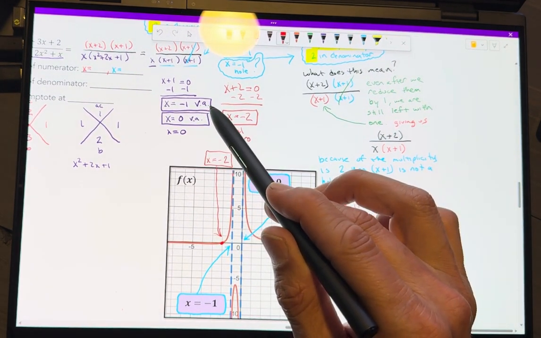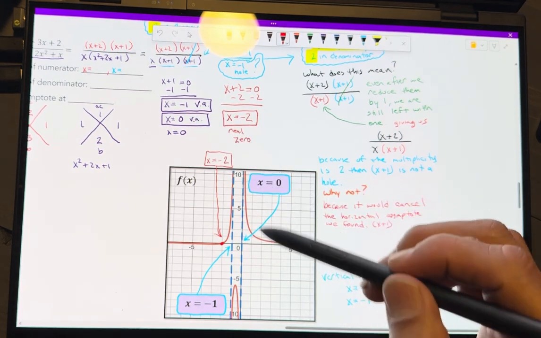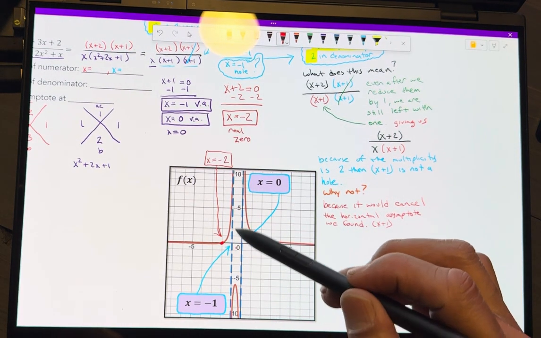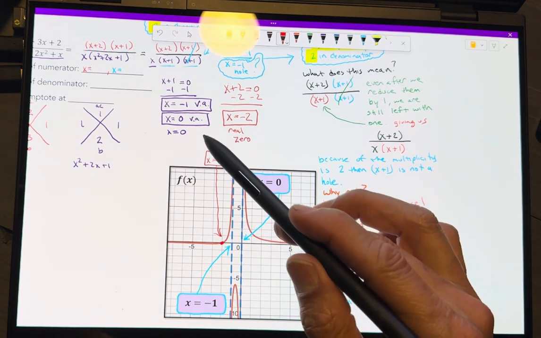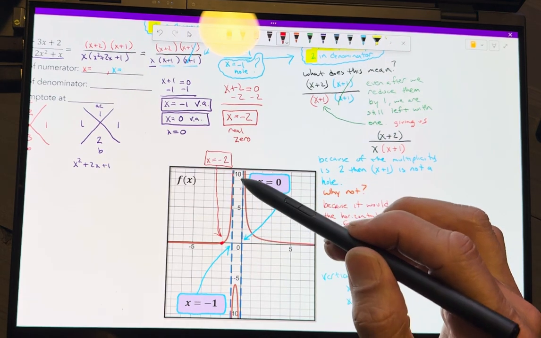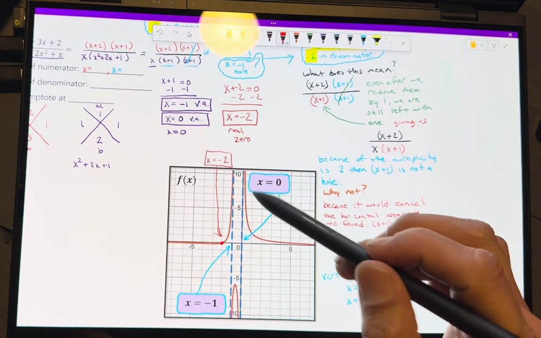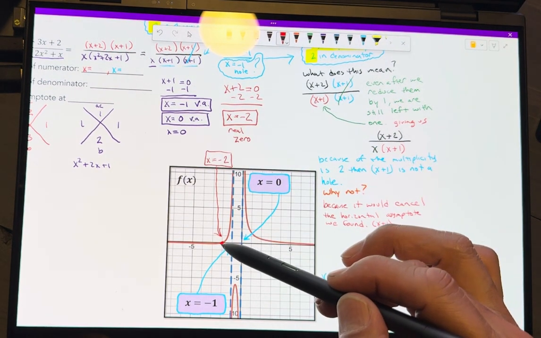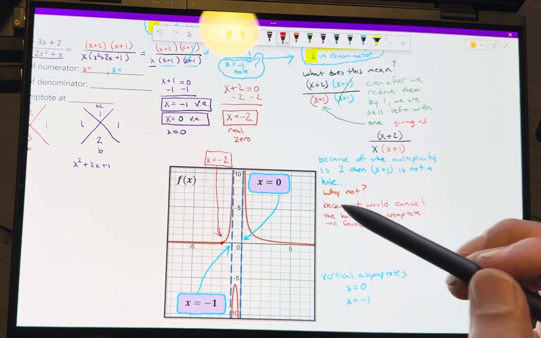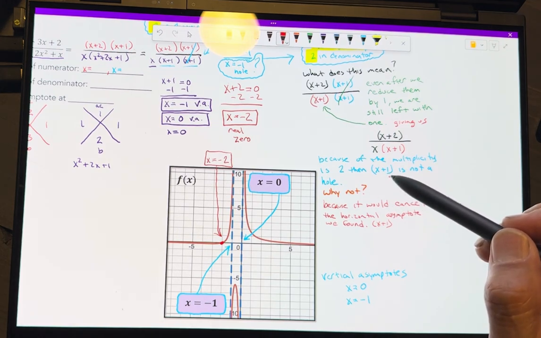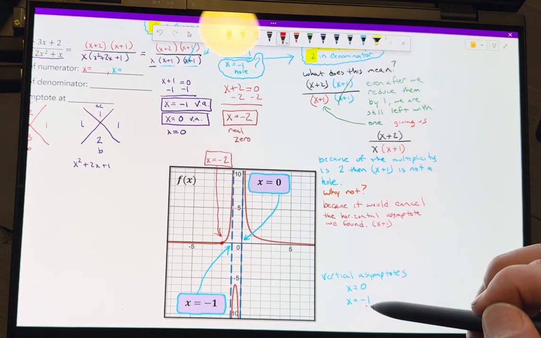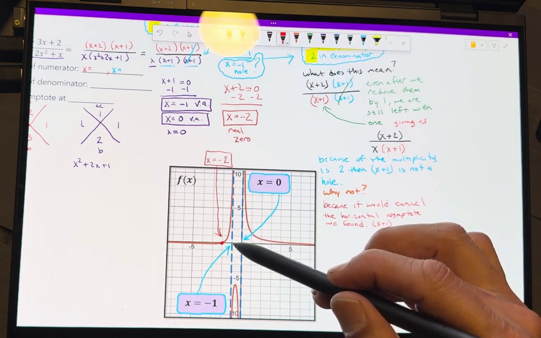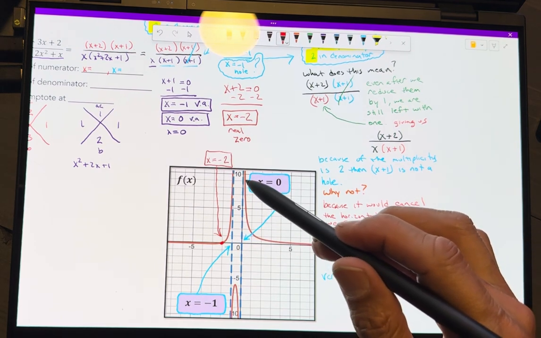So we have the vertical asymptote that we solved for here, and we can see that right here, this vertical asymptote at -1, the other vertical asymptote at 0. We have the real 0 that we found in the numerator at -2, which is right here. And we can also see that x plus 1, this -1, is still here at the asymptote. There's no holes.